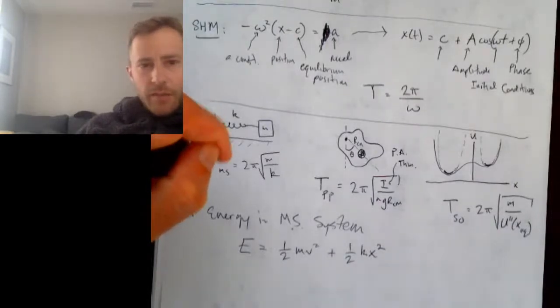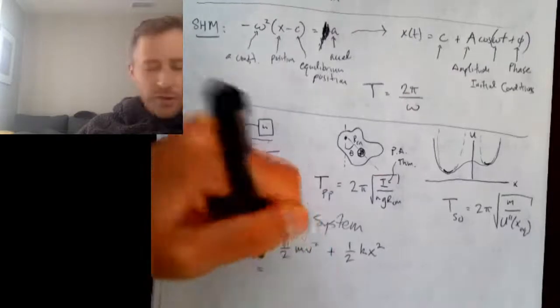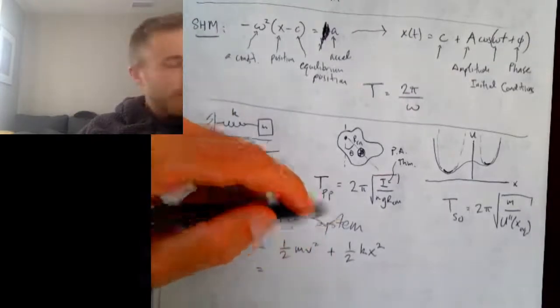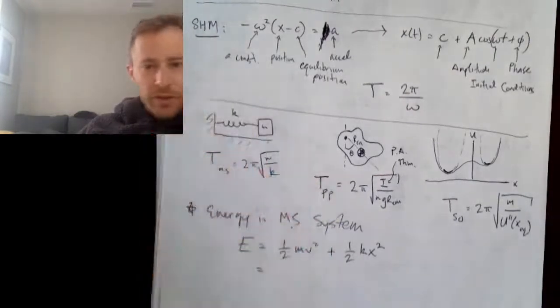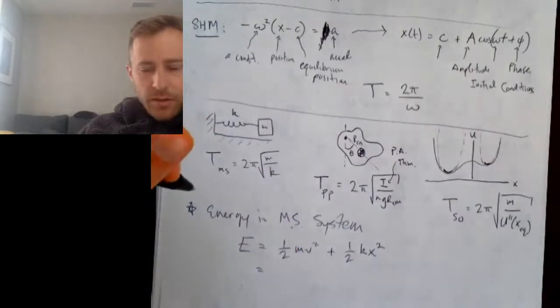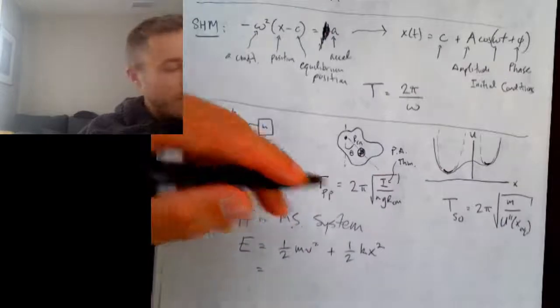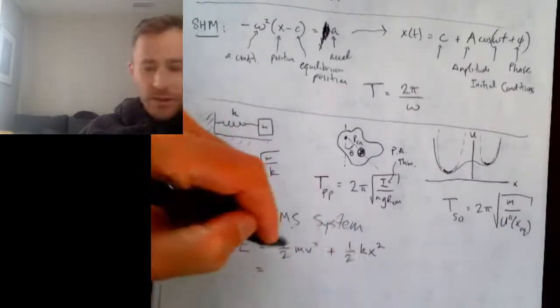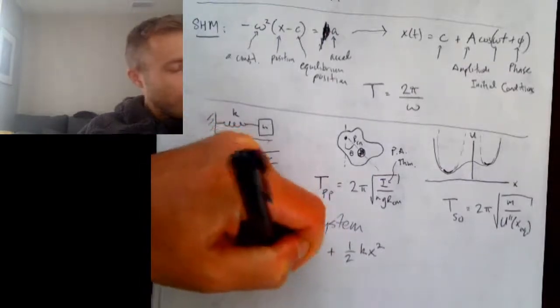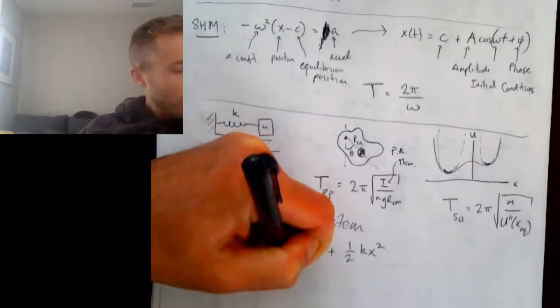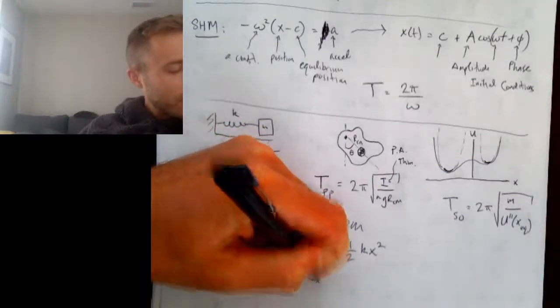And so that can be thought of in two different ways. You could evaluate this energy at the moment it passes through equilibrium, in which case all of the energy is kinetic, so you have 1/2 m v max squared.